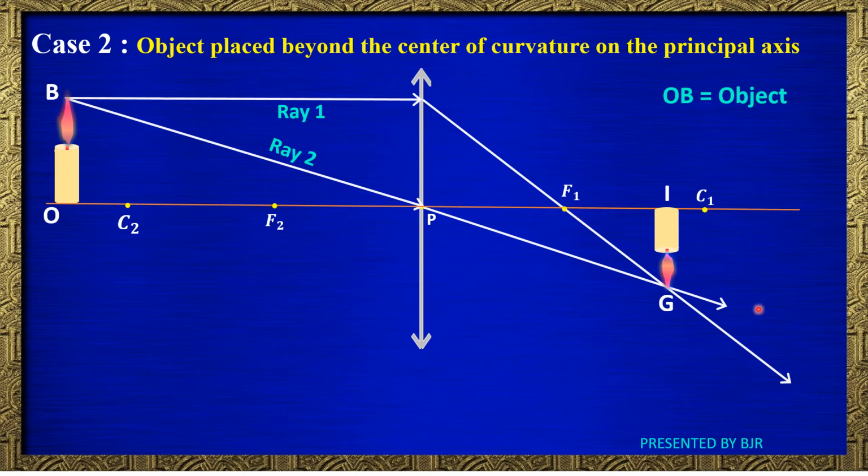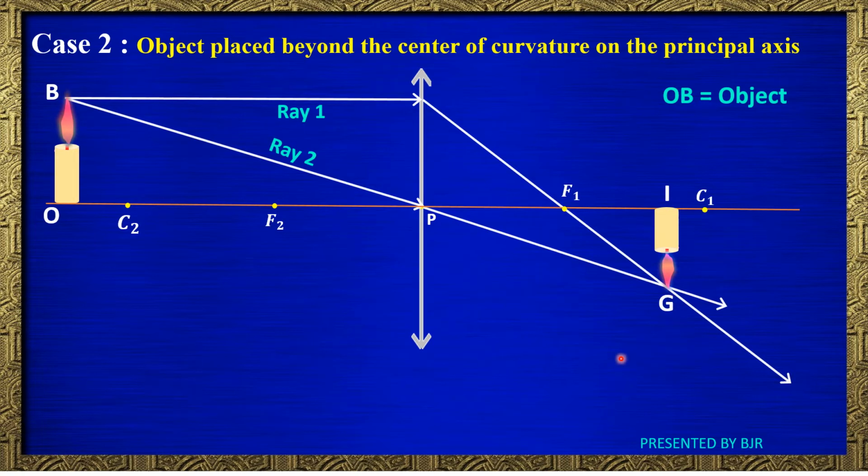Okay, so let us write the properties of the image. See here, you can easily identify whether the image formed is a real image or a virtual image. This is the logic I am telling. Whenever refracted rays meet themselves, whenever refracted rays cross one another, at that time a real image will be formed.